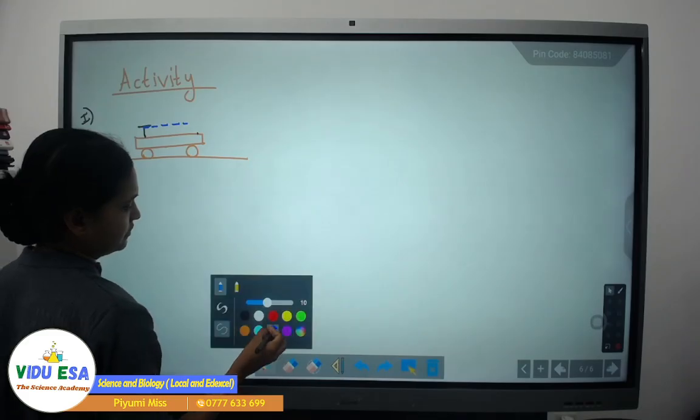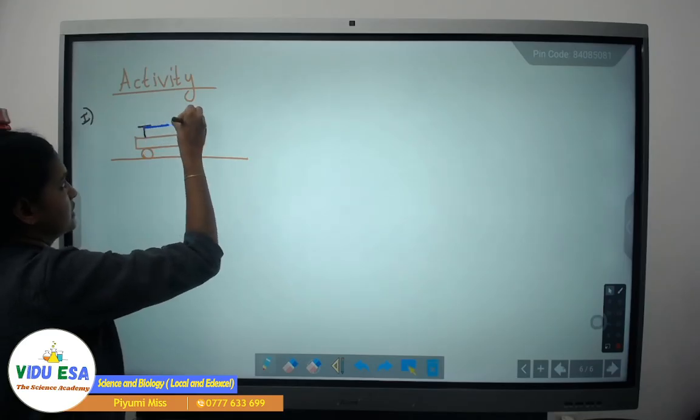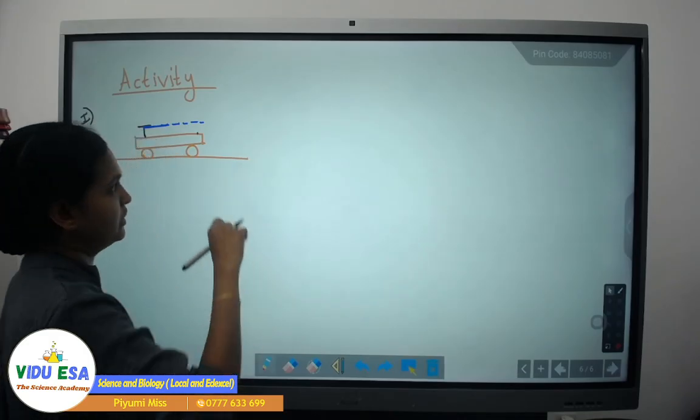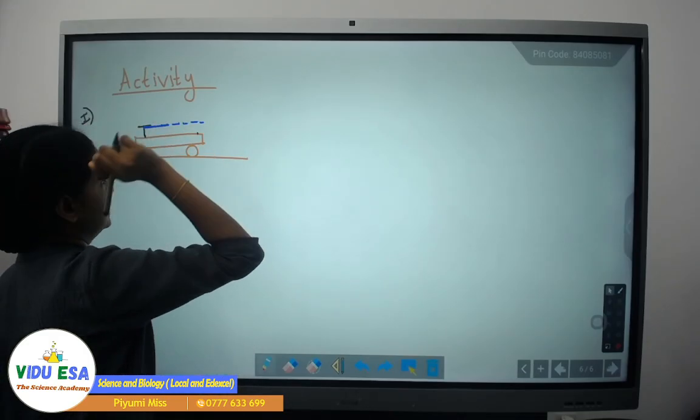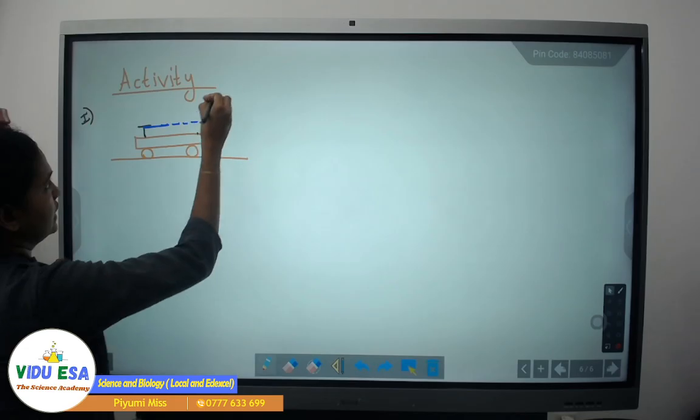We are applying the force using the rubber band till it reaches one end of the trolley, to say that we are applying a constant force. The acceleration of the trolley increases with the force. That is what we are going to show.